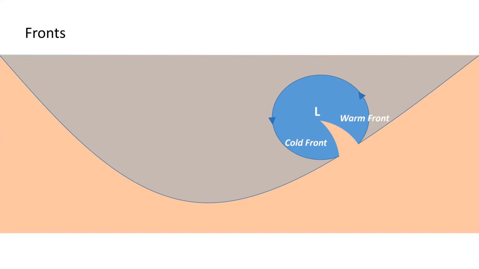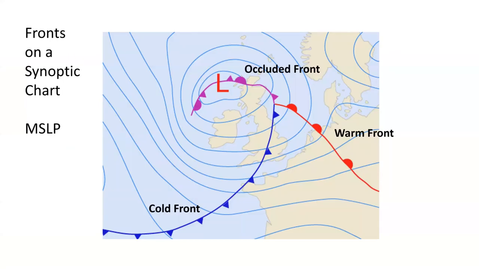And that forms our two classic fronts, our warm front followed by a cold front. And we've had plenty of that action over the last 2 weeks. This is what it looks like when it hits the UK. And you can see that we've got a classic warm front and a classic cold front. We have even something to watch out for.